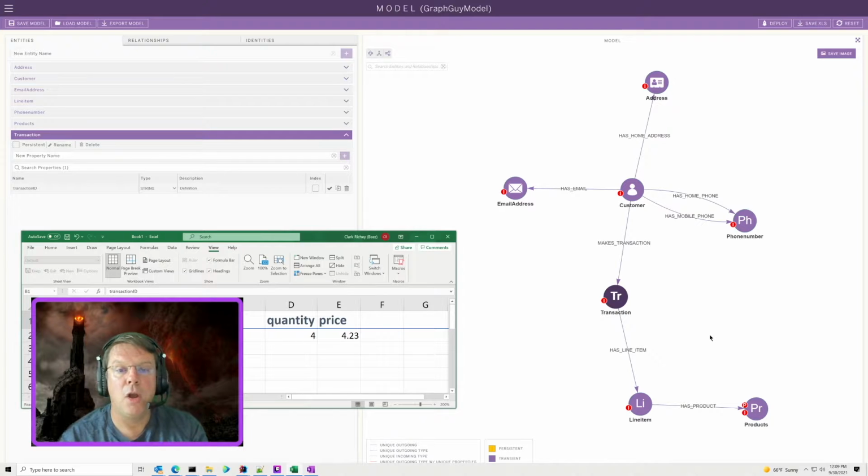But typically, one of the problems seen in relational databases is if I'm doing a lot of data loading and I simultaneously want to query the database, that can cause problems. It can cause simply long waits for the queries.